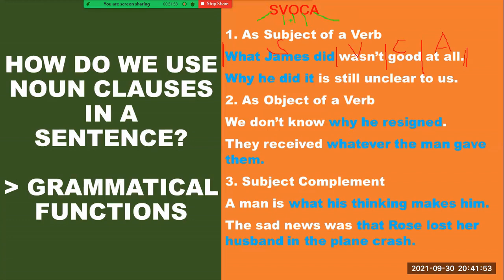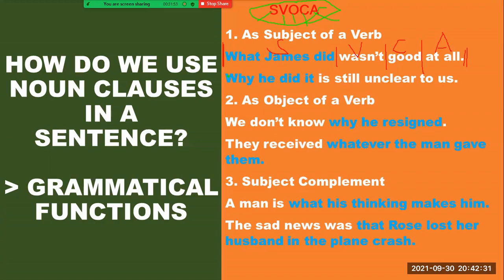All right, so these are the 5 elements of a sentence, and these 5 elements provide the various functions of a noun, or the functions of a noun phrase, or the functions of a noun clause. Now, the subject is what or who we are talking about. So in this first example, what James did wasn't good at all. That is the subject, what James did.